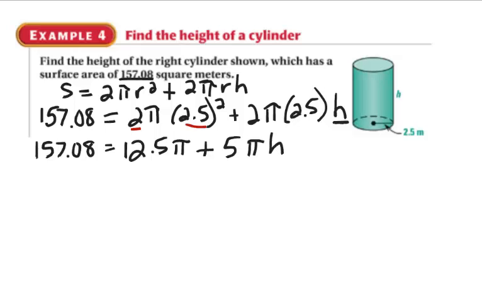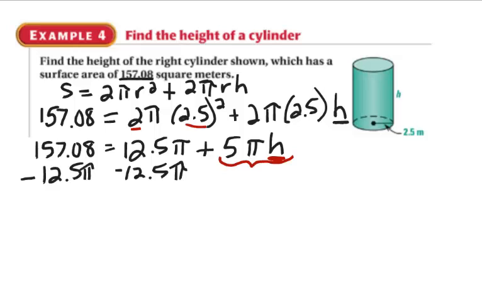And so now we need to start solving. I've got the variable in this second term, so I'm first going to have to get that term on the right-hand side. That's going to mean subtracting the 12.5 pi. Since I have it positive on the right, I'm going to subtract it from the left.